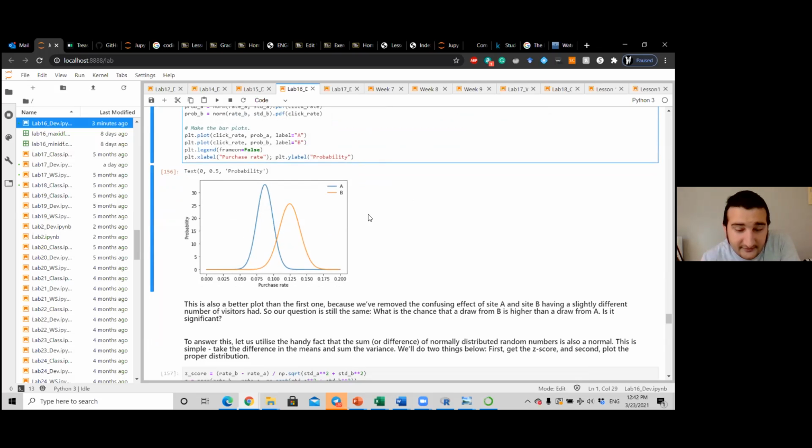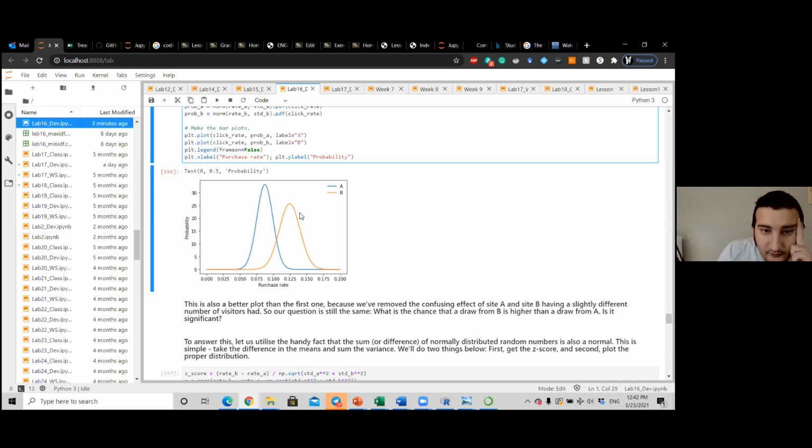Looking at this plot, would you like to change or would you like to stay? Is it basically now a question of the orange gets more purchases, but less amounts of it, or what?